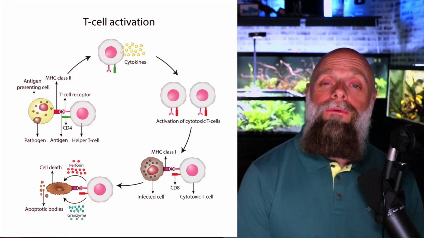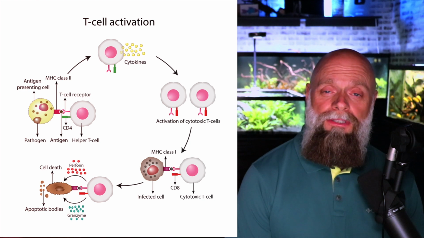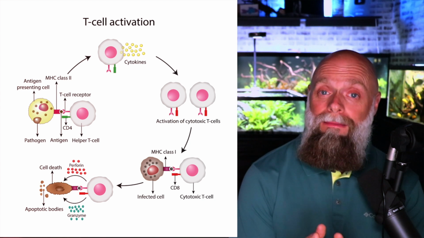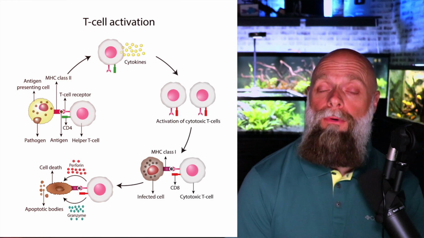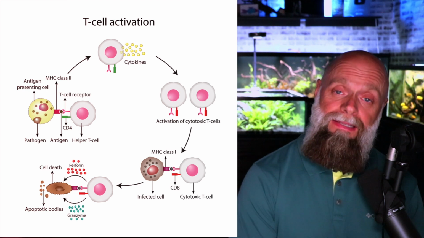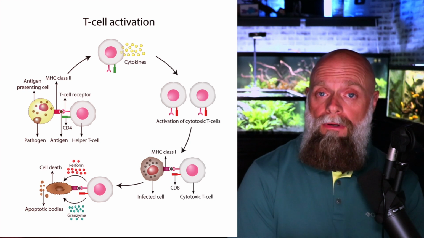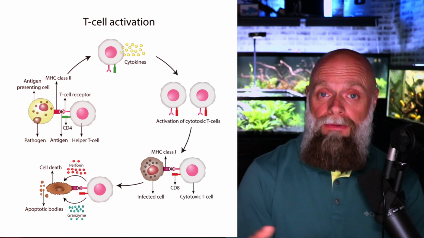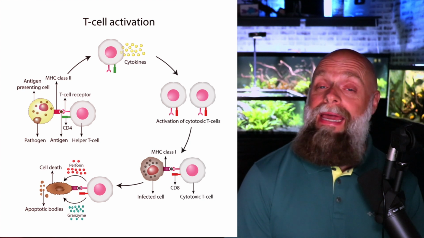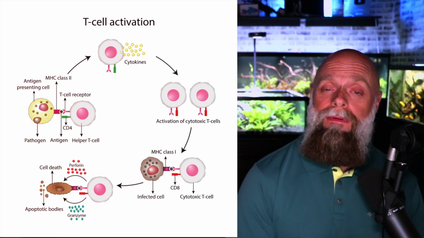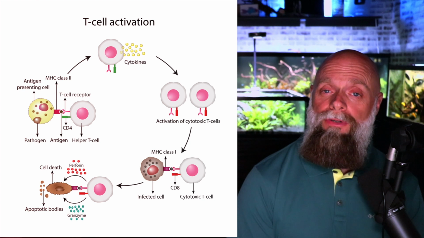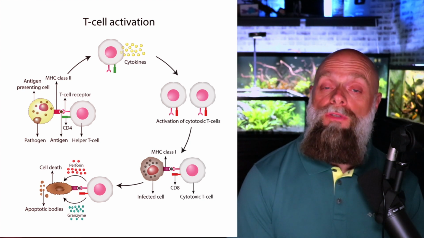All right, so how do we get the adaptive immune system cells involved? Well, in the previous video, we talked about the importance of the innate immune system. And at that time, I said that there were two cells in particular that were going to be important for getting the adaptive immune system involved in an immune response. They were antigen-presenting cells: the macrophage and the dendritic cell. Now, this picture is really important.